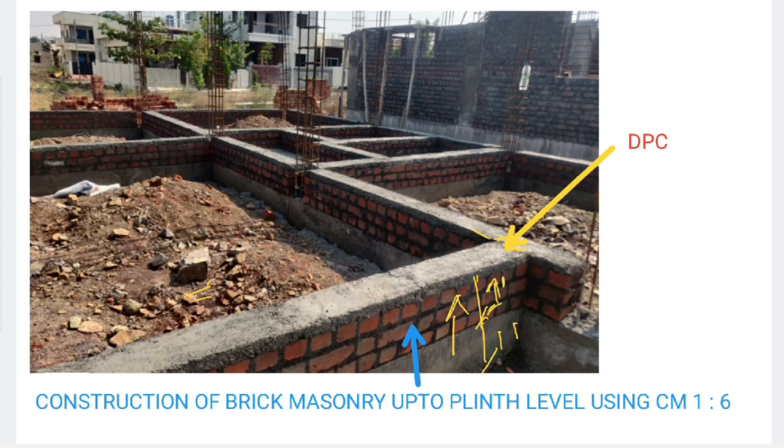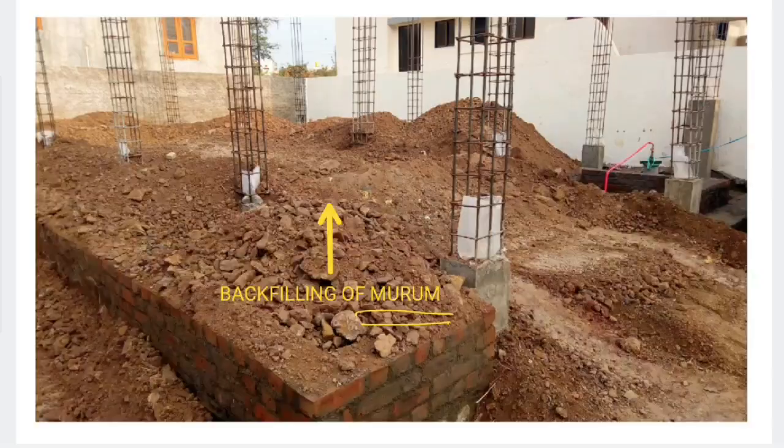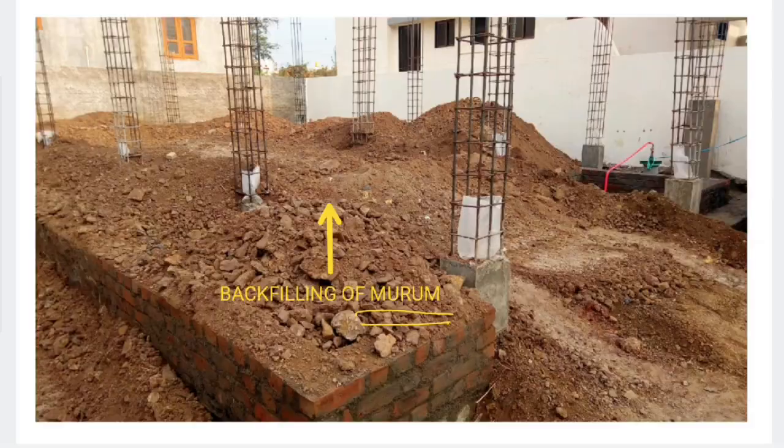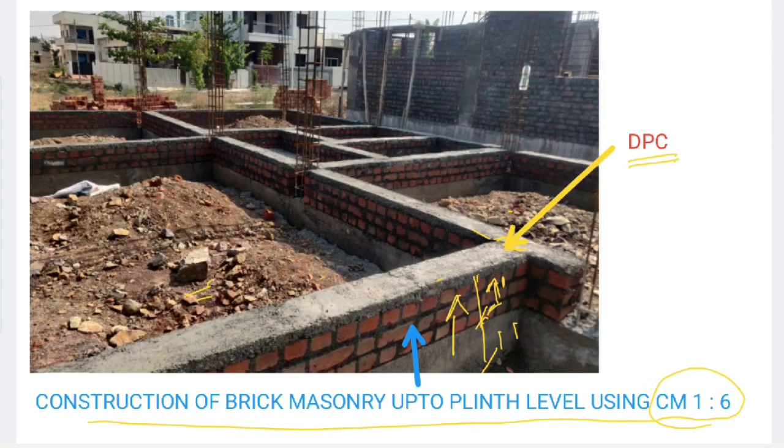To avoid that capillary rise, we need to provide damp proof concrete. Here you can see the construction of brick masonry up to plinth level using cement mortar 1:6. Even in stone masonry we use 1:6 cement mortar, that is one portion of cement and 6 portions of sand, and in brick masonry also we use the mortar ratio 1:6.